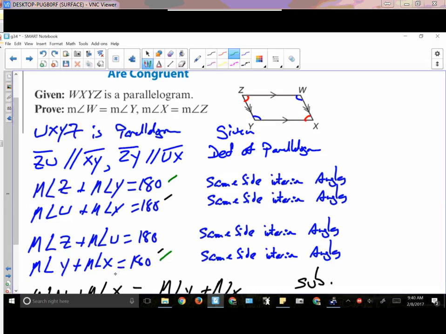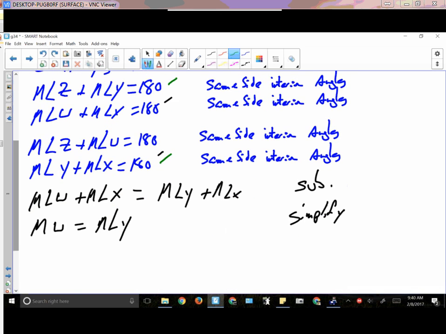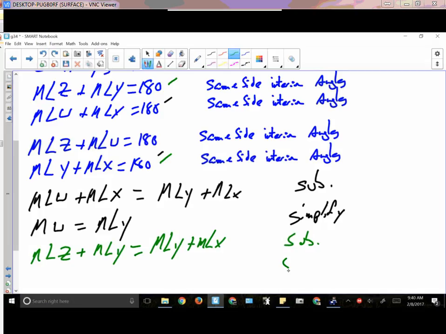Yes? No? Maybe so? So, now it turns out that I am going to put down that the measure of angle Z plus the measure of angle Y is equal to the measure of angle Y plus the measure of angle X. Substitution. And if I simplify, I end up with the measure of angle Z is equal to the measure of angle X.